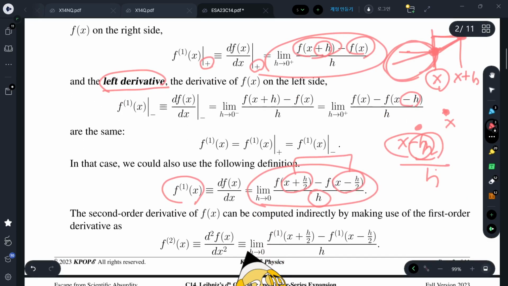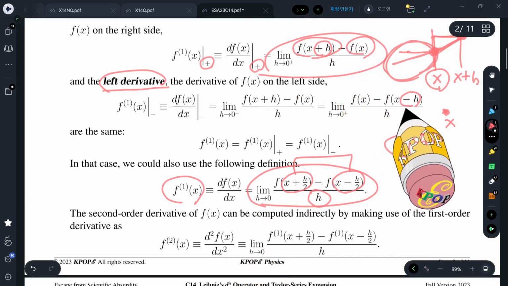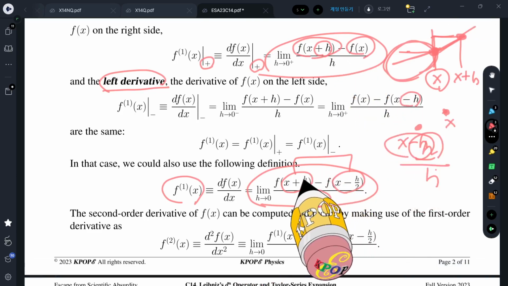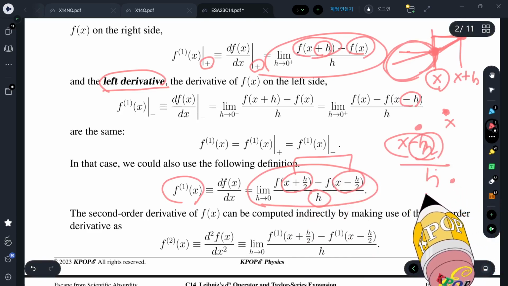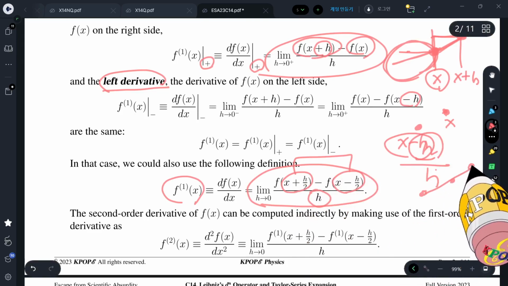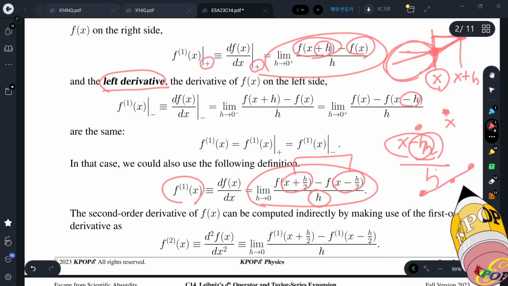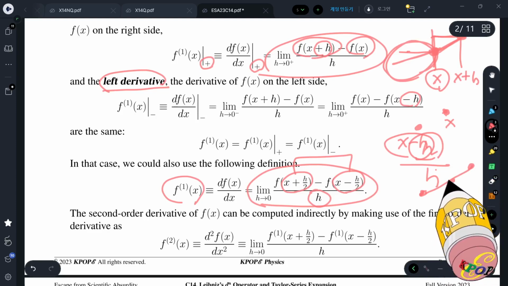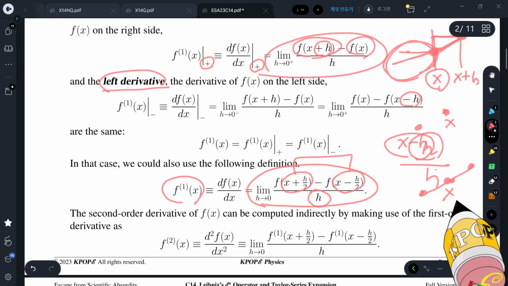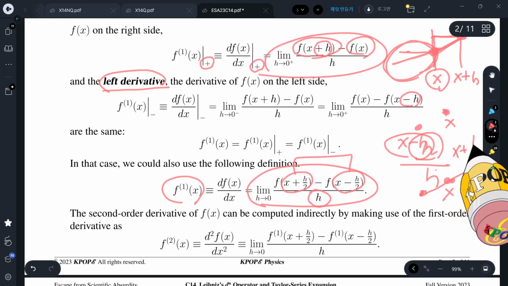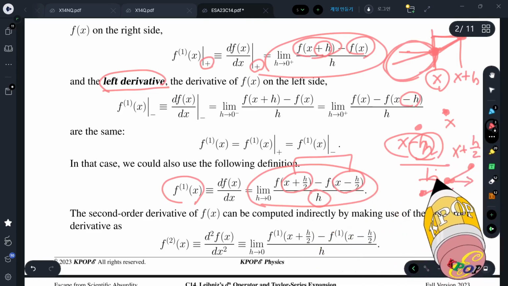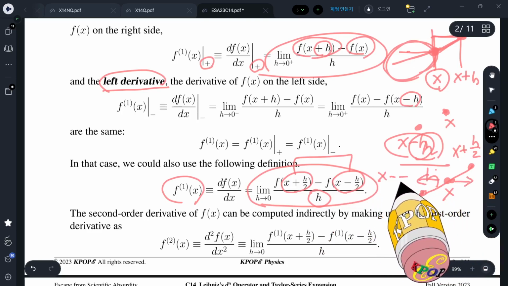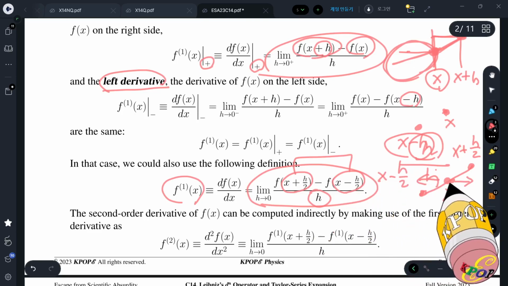So we can mix them together to evaluate the slope using 2 points, not including the central point, but including 1/2 of h greater than x and 1/2 of h smaller than x.